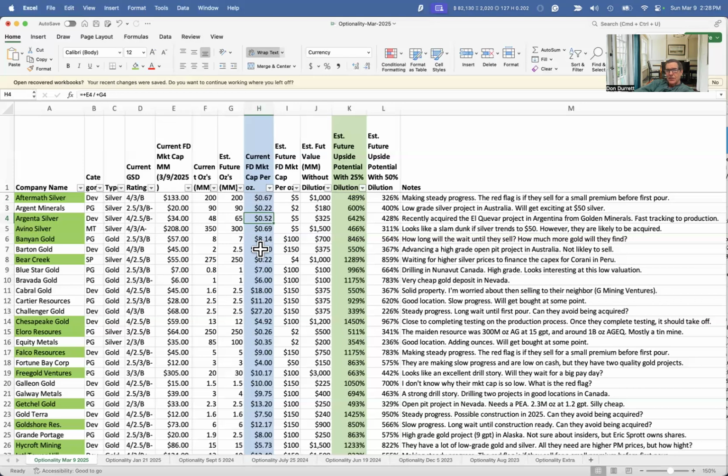Especially if, for instance, Aftermath, like right here, I have them valued at $5. They could easily go to 10 if they get it into production and they ramp up strongly and everything goes well. And instead of being, you know, optimistic that you can pull it off kind of attitude, we can do this, we can build it, we can make money.